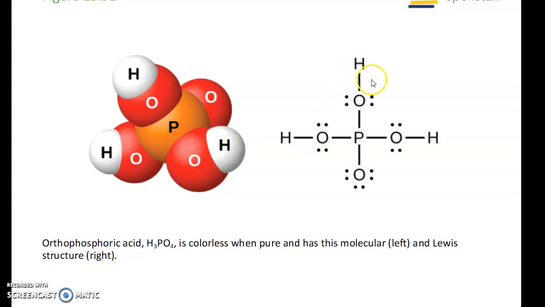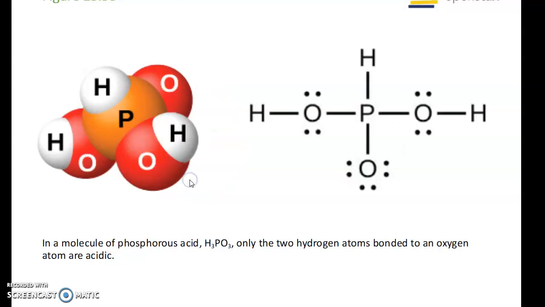So you've got 1, 2, 3 hydrogens that can be removed from here. And this is the Lewis structure of that particular one. This is orthophosphoric acid. This is phosphorus acid. Now we only have 3 oxygens here, and we have 1 of the hydrogens linked directly to the phosphorus. These 2 over here are the ones that dissociate to form the acid.